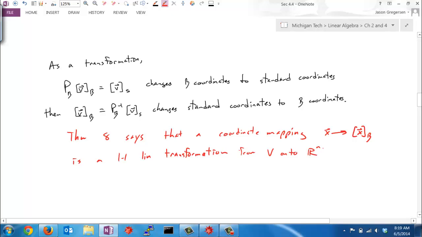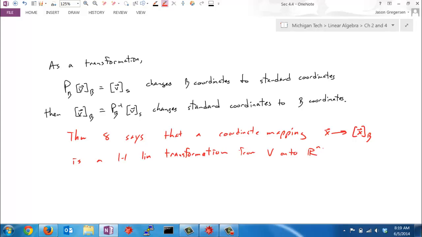That's what the fancy theorem says. It says if you can take a vector and map it to its coordinates, and here they're being general about this vector space. Remember, these don't have to be the vectors that we're used to.